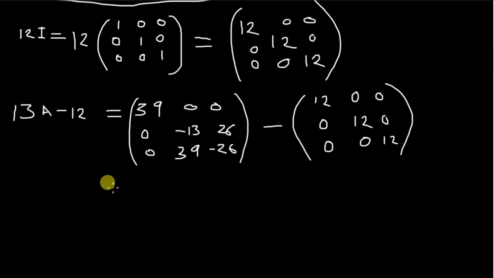So here it's just the matter of subtracting now. So you subtract the corresponding entries. So 39 minus 12, you are going to have 27 there. 0 minus 0, you have 0. 0 minus 0, you have 0. And then 0 minus 0 there, you have 0. Negative 13 minus 12, you have negative 25.